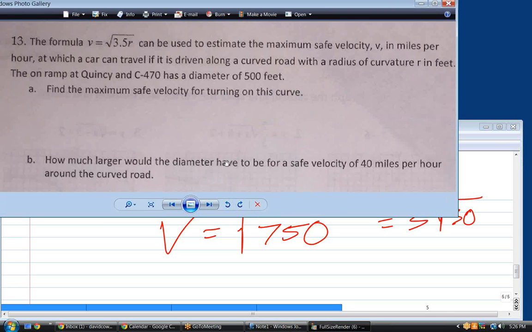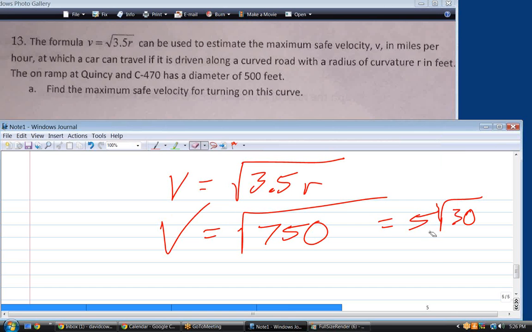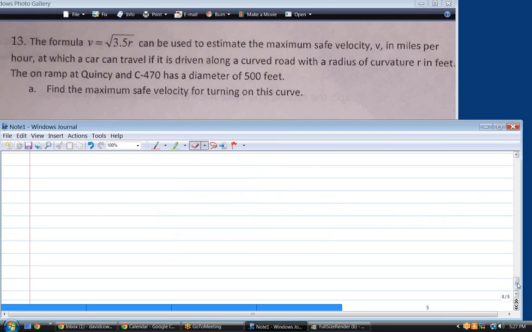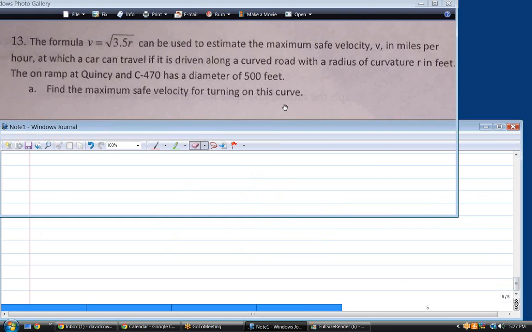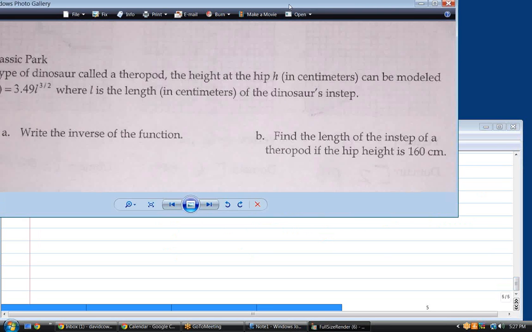I mean, unless she told you to. If you've been asked to turn it into a number, do so. But if you want the most accurate maximum safe velocity, it's 5 root 30. It's not a number. It's 5 root 30. It's more exact than what I would get if I turn it into a number.